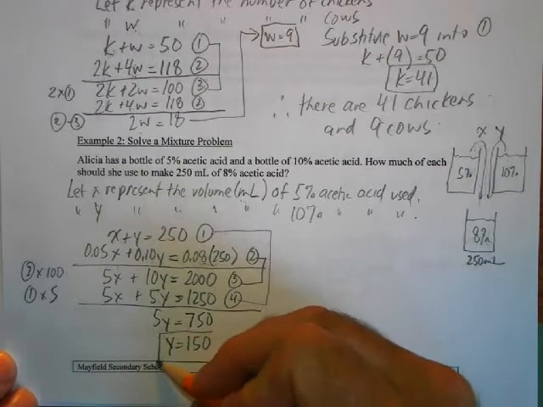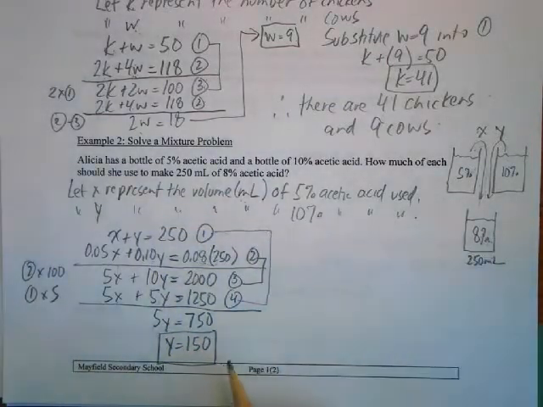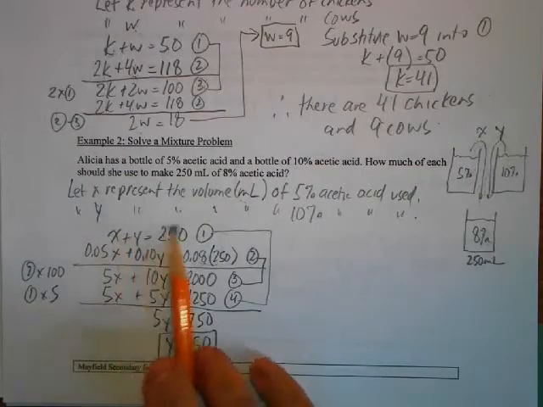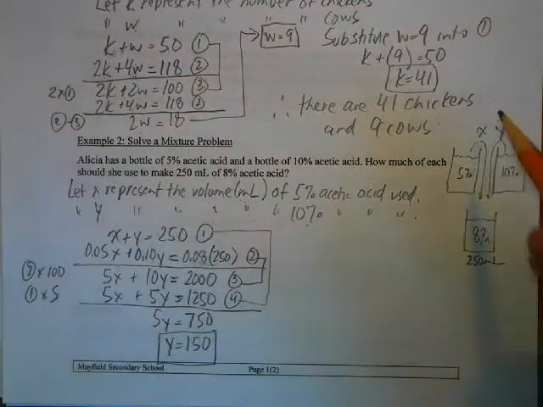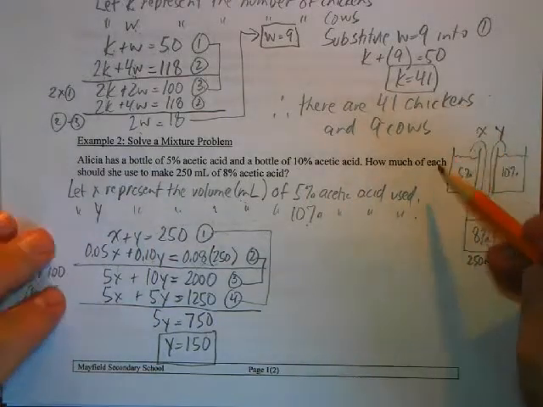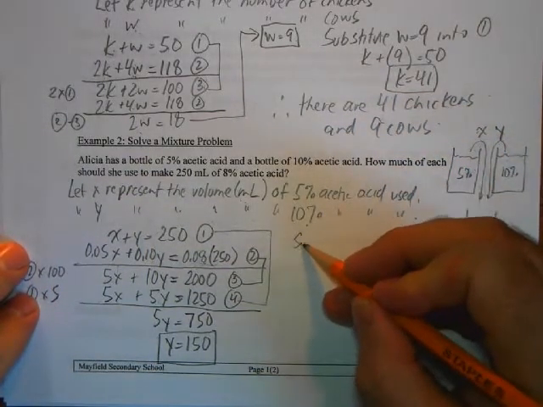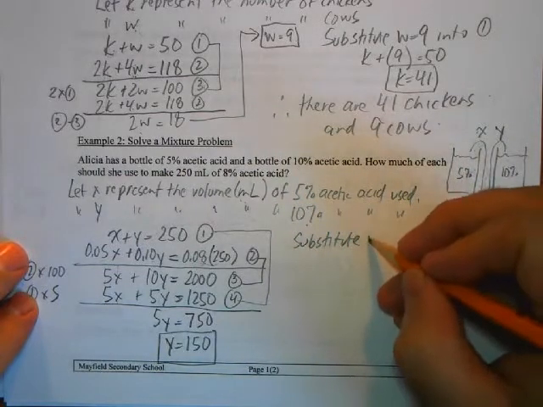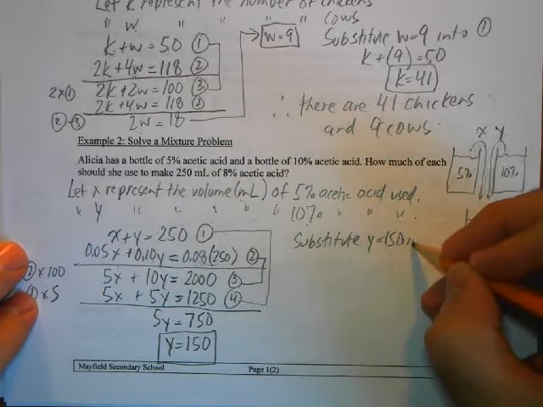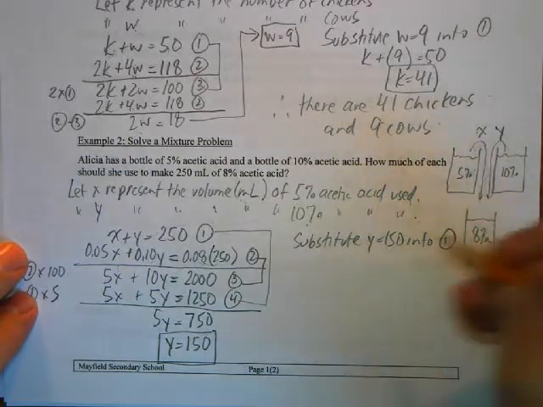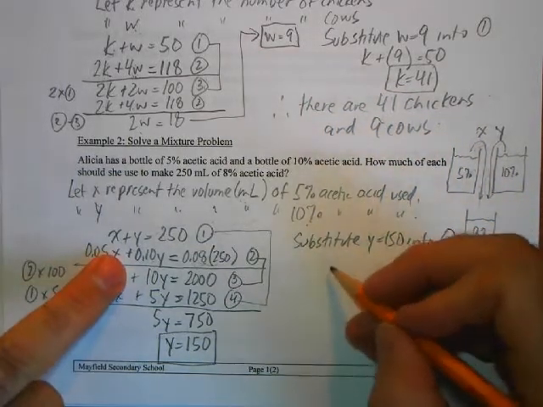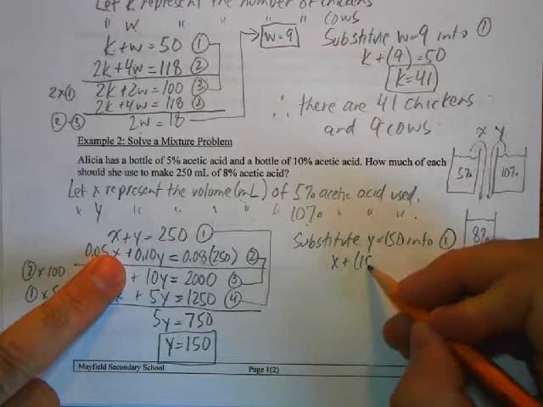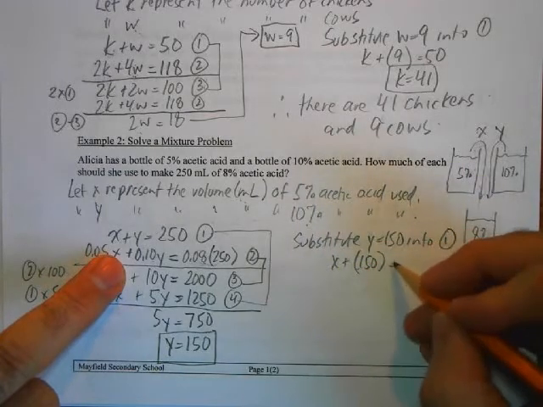So what does that tell you? It tells you that we are going to use 150 milliliters of the 10% acetic acid. Substitute that back in. Substitute y equals 150 into equation 1. So x plus 150 is 250. Well, that's pretty easy.